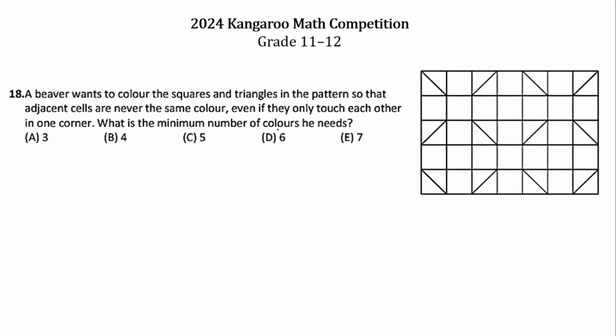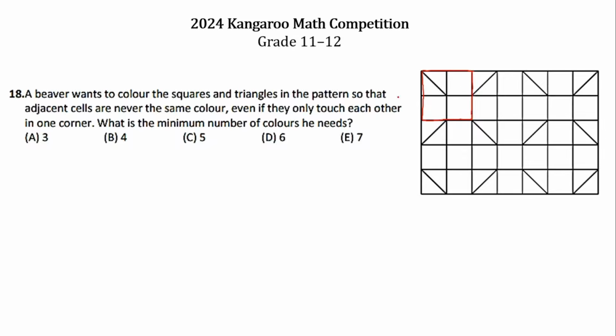Okay, so if you focus on the square, and by the condition of the problem that touching parts even at the vertex must not have the same color, it is clear that the 5 regions in this square must have different colors.